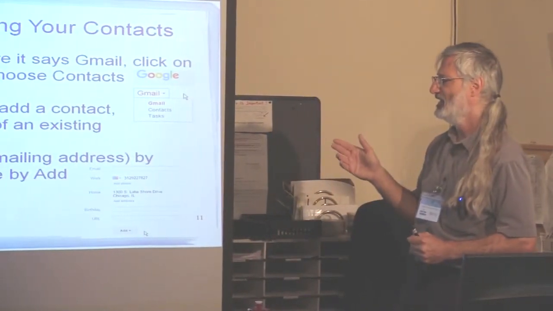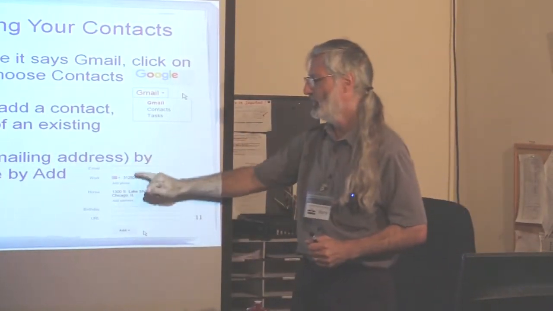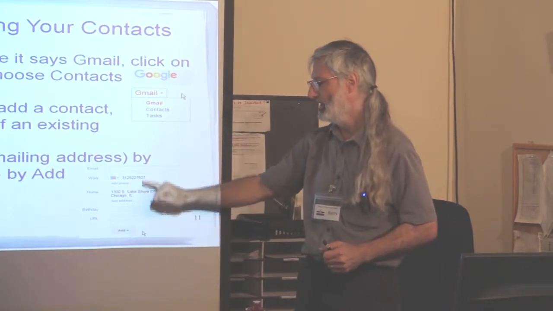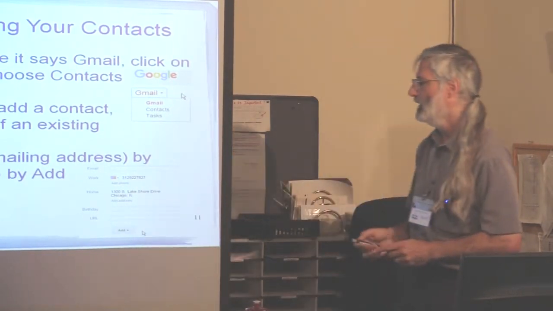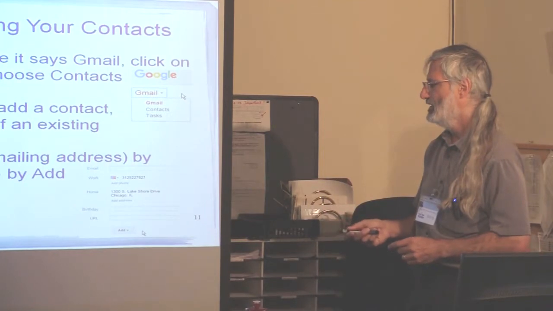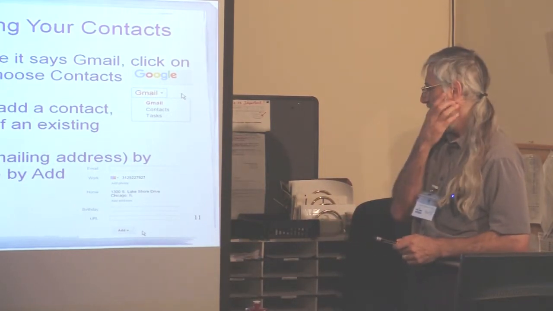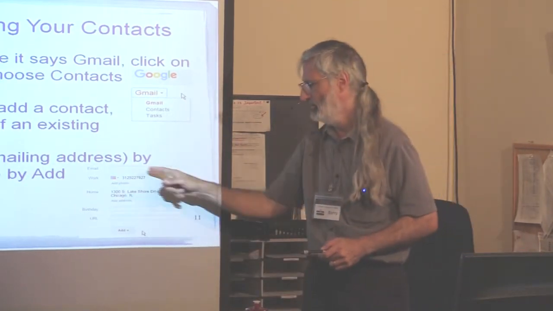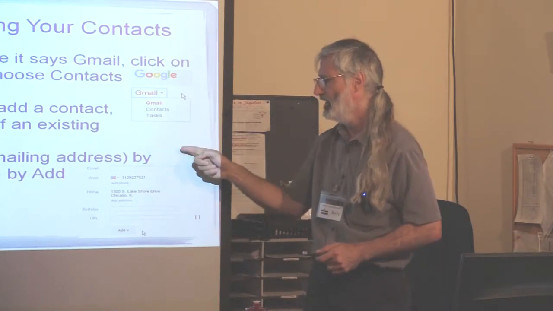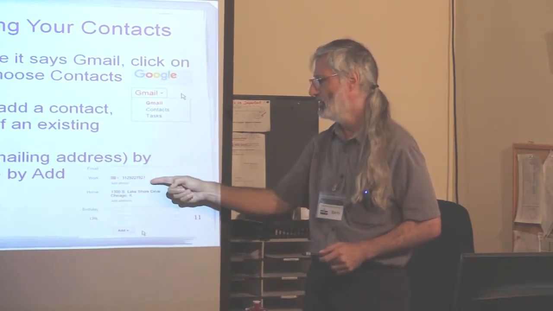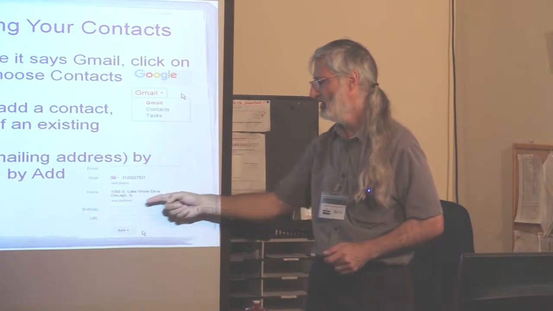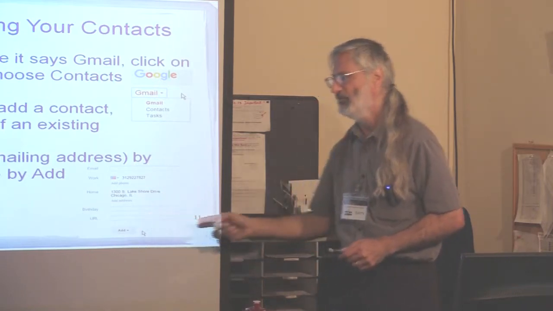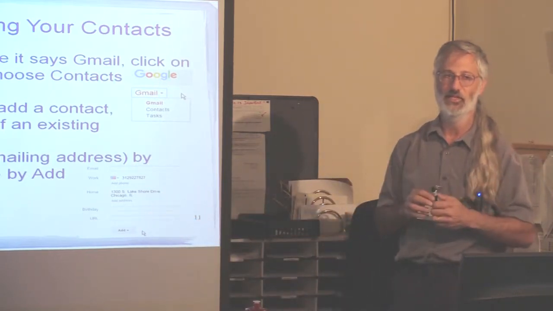If you click on an existing contact, it will show you the information that you already have for that contact. And it will include their email, their name, their phone number, their address, a line for their birthday, a line for a URL if you want to associate a web page with them.